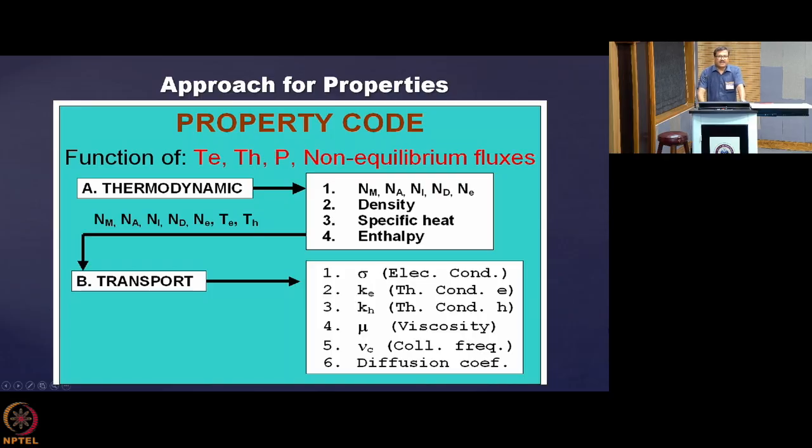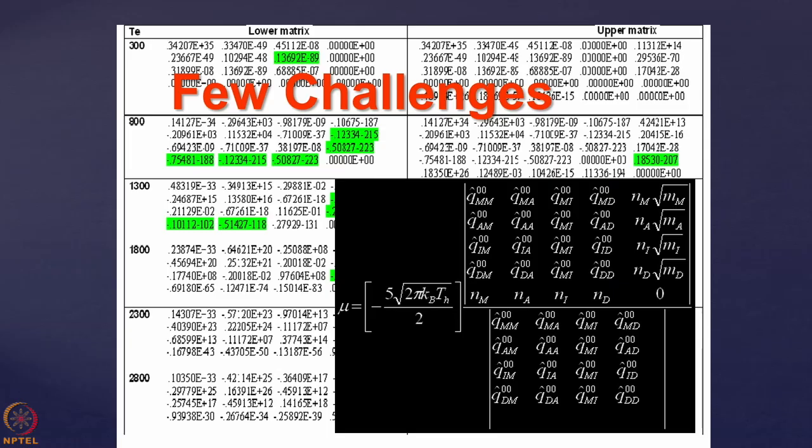And once you know the number density at a given temperature, then you feed it back to that transport property code, and there you find the electrical conductivity, thermal conductivity, viscosity, collision frequency, diffusion coefficients, etc. So that is how we started with thermodynamic properties, and then we entered into the transport properties, and that property code will help us in solving the fluid dynamic equations. So with that, we come to the actual problem.